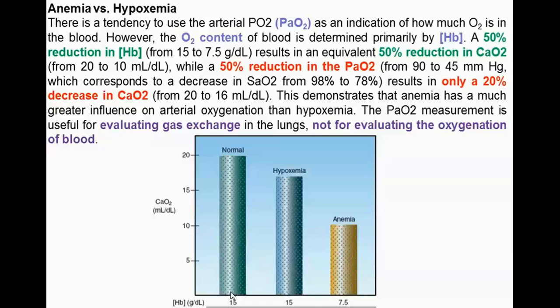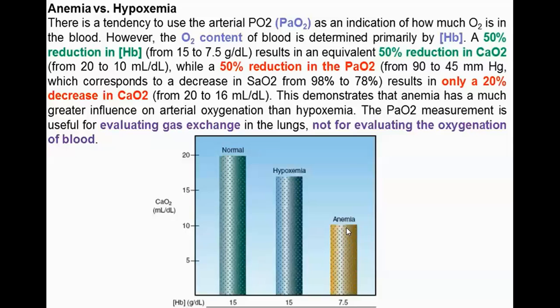Is it clear? So if the patient's hemoglobin decreased from 15, which is normal, to 7.5, it decreased by how much? Half, 50%.